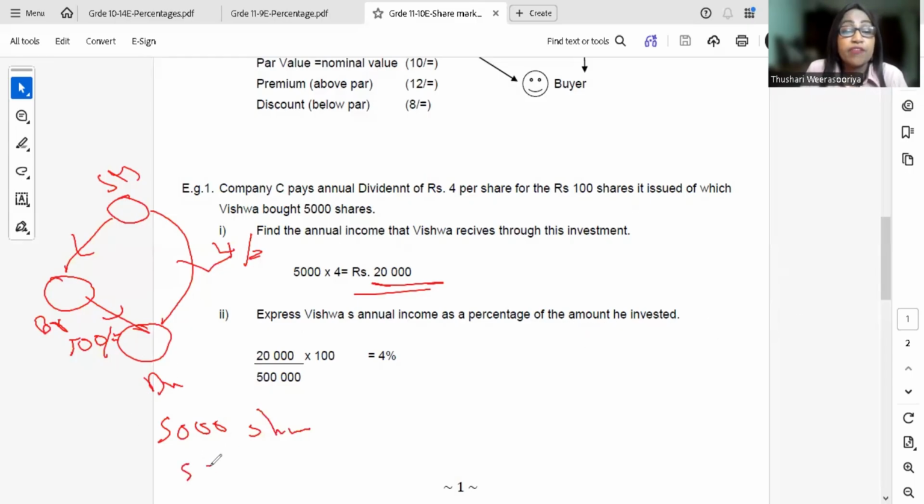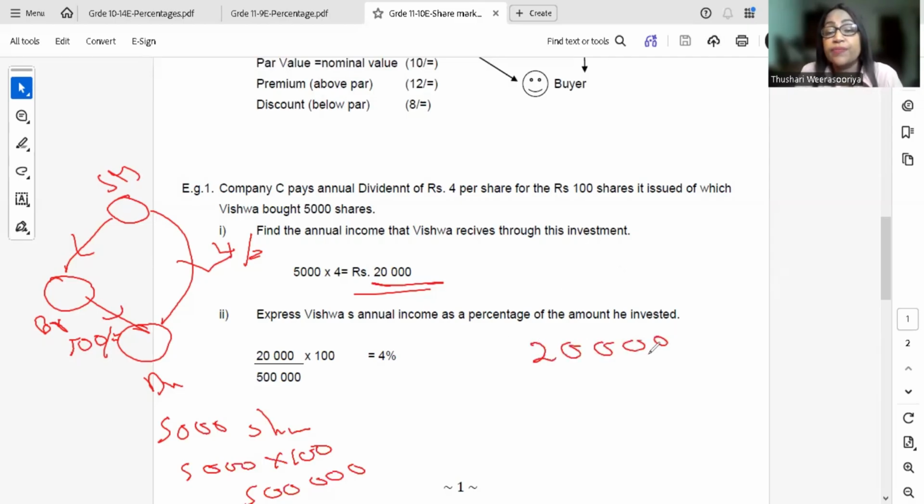What is the invested amount? 5,000 shares he bought for 100 rupees. Investment is 500,000. They are asking for the percentage. Then 20,000 over 500,000 into 100.